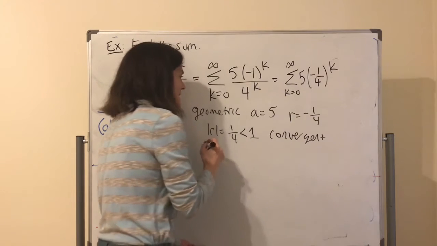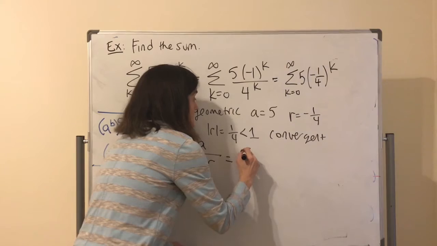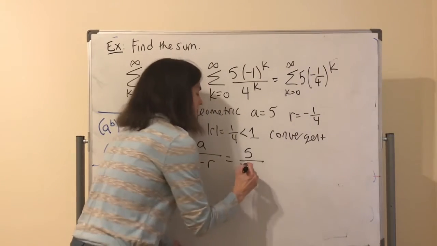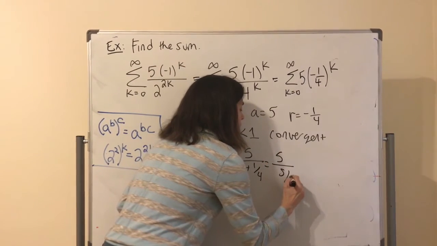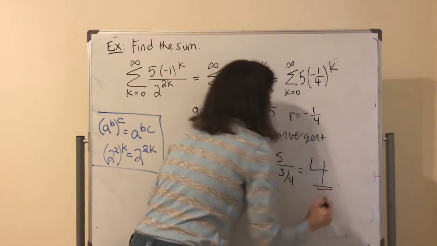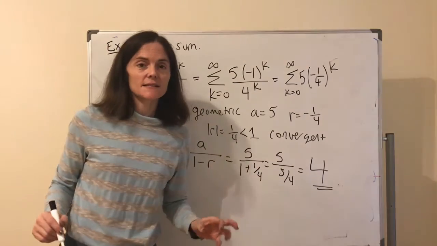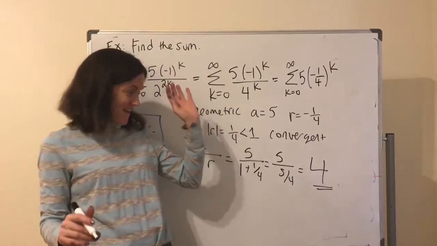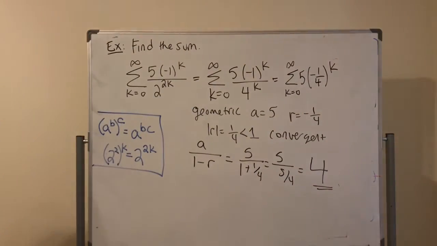In any case, this will converge to a over 1 minus r, which is 5 over 1 minus negative 1/4. This is 5 over 5/4, which we invert and multiply. This is 4. So this series converges to 1/4. The sum is 1/4. Excuse me, 4. I said it wrong. The sum is 4. Okay, very nice.